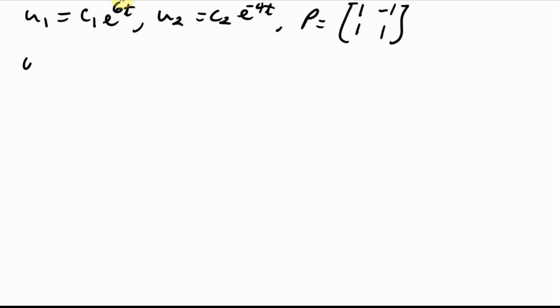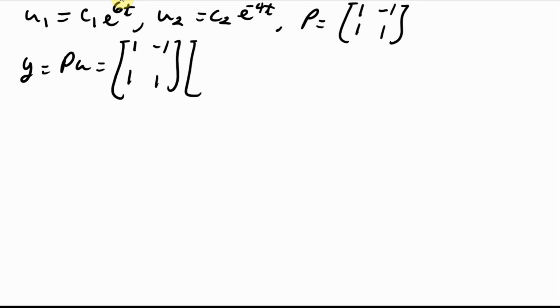So Y is equal to P times U. And so we get 1, 1, -1, 1 times U, which is C sub 1 times e to the 6t, C sub 2 times e to the -4t.